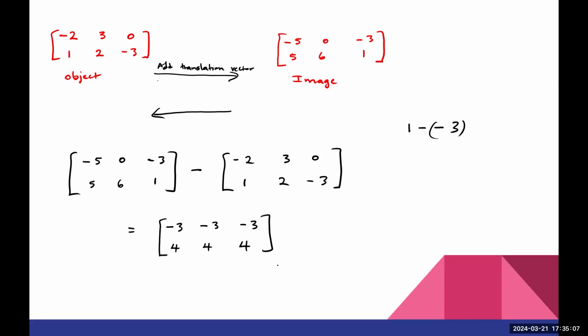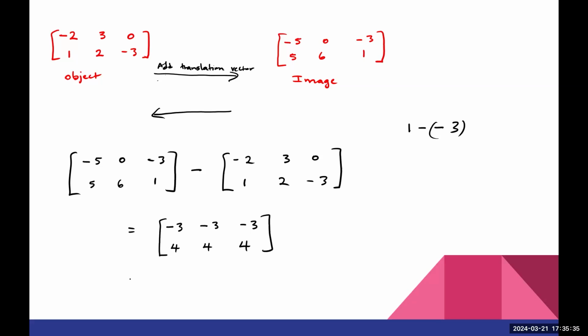Now, what do we notice here? The same value. So all of row 1 is -3, right? Yes, sir. And all of row 2 is 4. So this is saying that all the x values in our object were shifted by -3, and all the y values in our object were shifted by 4.